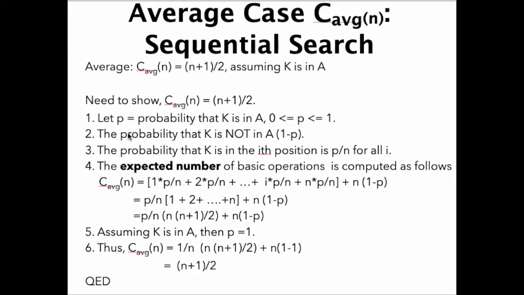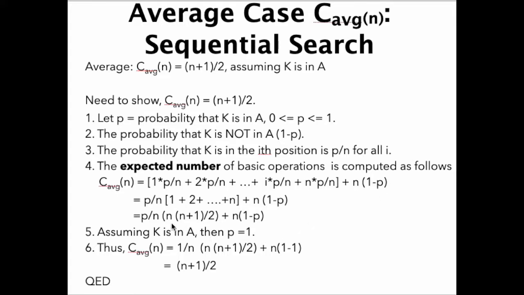And then on the contrary, if K is not in A, we have 1 minus P. Okay, so the third item here is the probability that K is in the ith position. So, since we have n possible positions, we have P over n. So, pantay-pantay sila ng probability na pwedeng paglagyan ni K for all i.